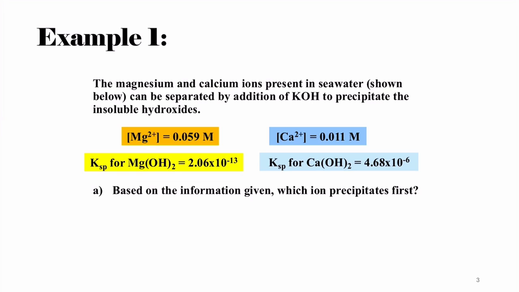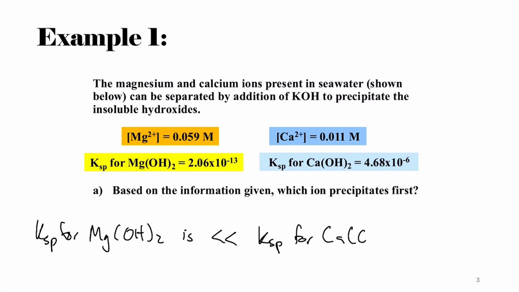Meaning at equilibrium, we have much less magnesium and hydroxide ions in solution than we do for the calcium. So then this tells us that the KSP for magnesium hydroxide is much smaller than KSP for calcium hydroxide.